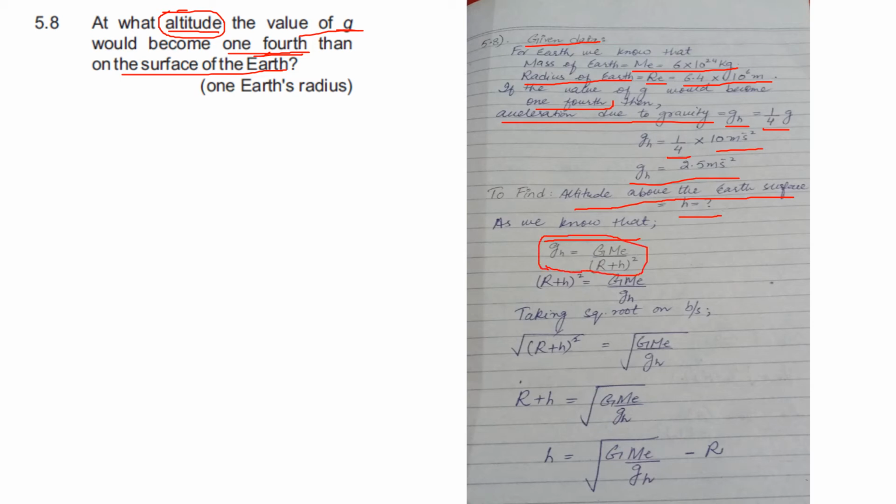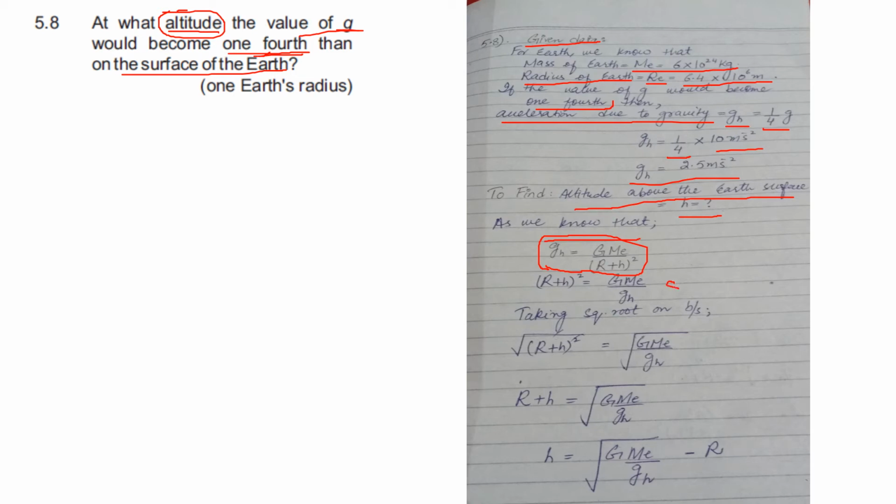This formula we have basically studied in the variation of g with altitude. This is the same formula. So what we have to do is separate the h, because we have to find out the value of h. We do a cross multiplication over here and move (R plus h) square to the other side, and gh to the other side.